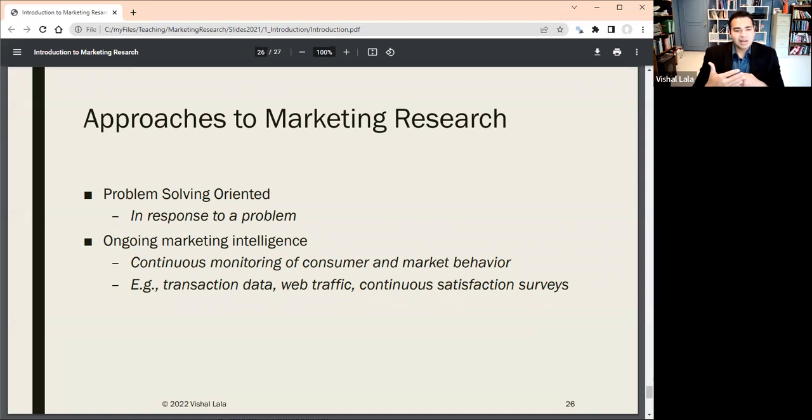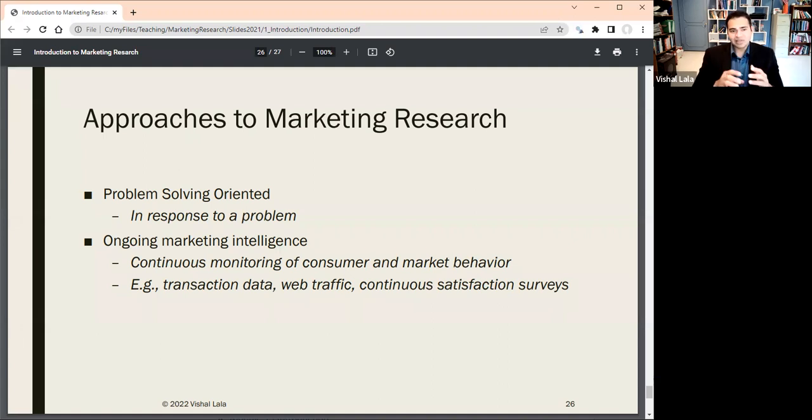What we're seeing a lot of budget being spent on nowadays is this sense of constant CRM, where a company is trying to figure out constantly how their customers are doing and keeping track of changes as they happen with customers, not waiting for a problem to arise and then engaging in a research process, but doing this on a constant basis, tracking customer satisfaction, tracking trends in sales over time, tracking online or social media activity of customers or potential customers.